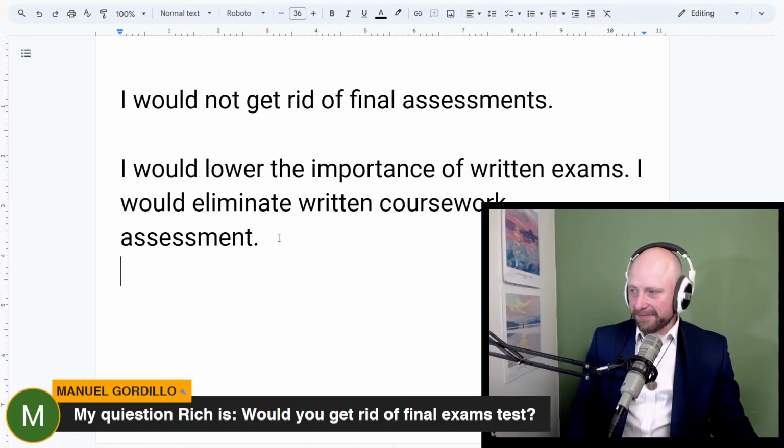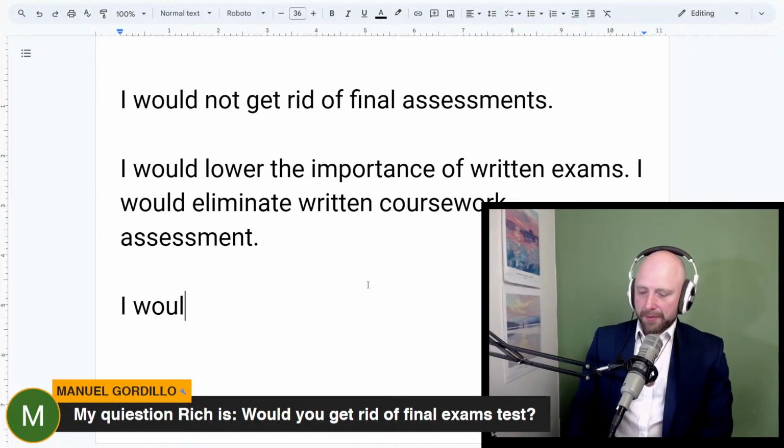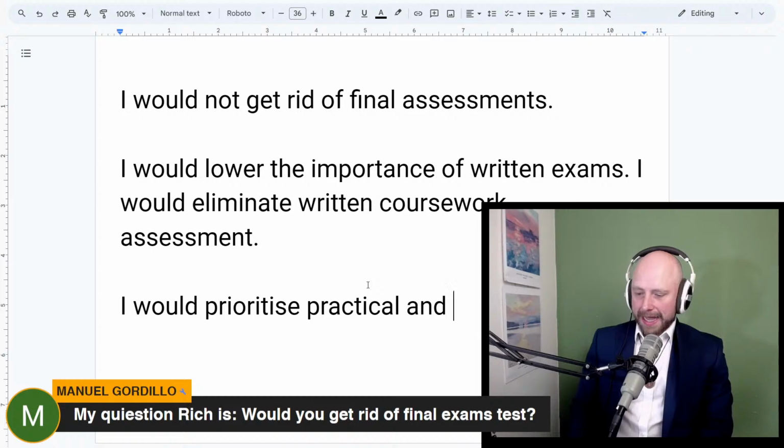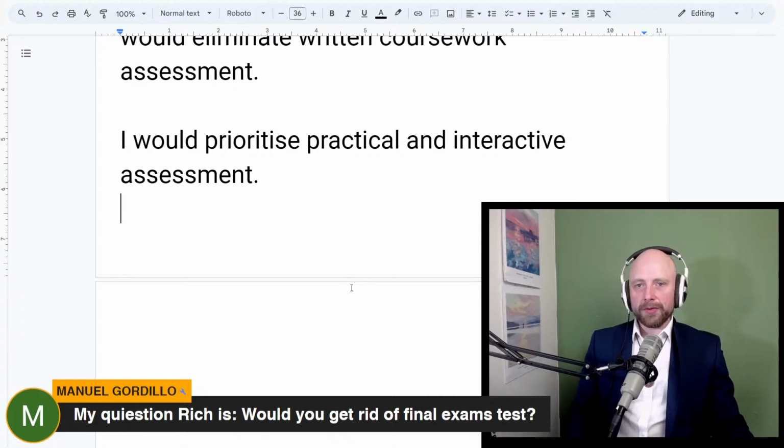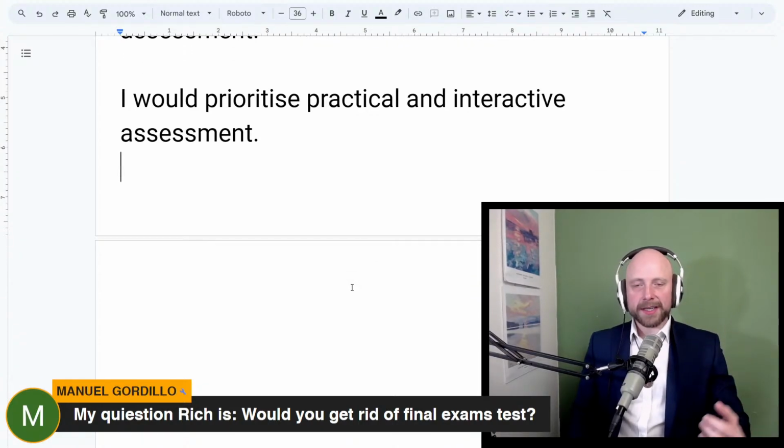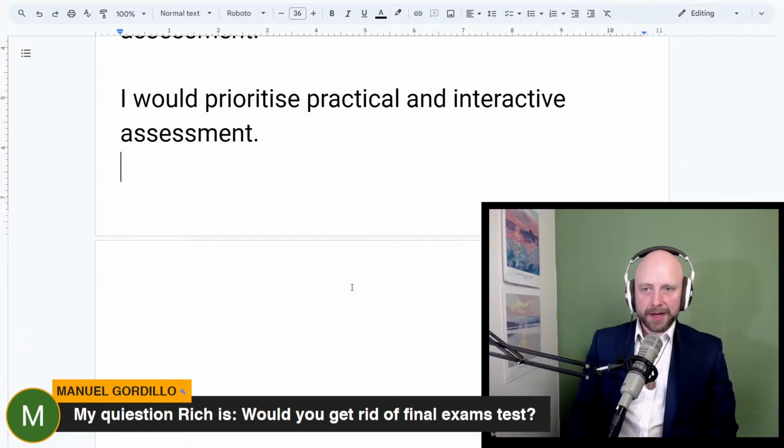Because you can just generate it now with ChatGPT, so there's no point. I would prioritize practical and interactive assessment. So, like, direct communication with examiner, performing tasks, and assessment based on tasks.